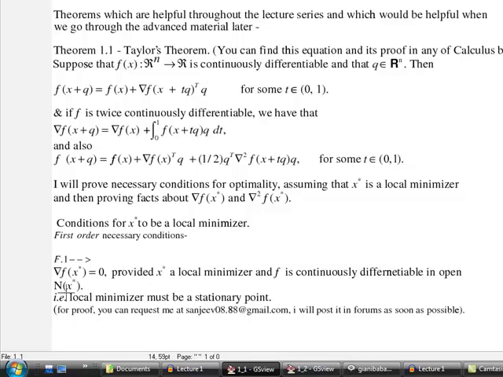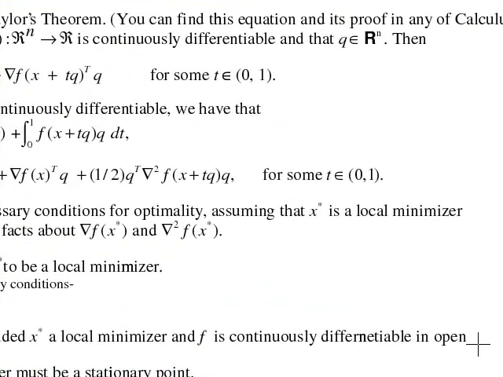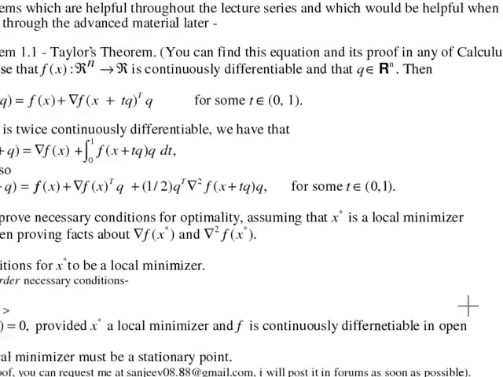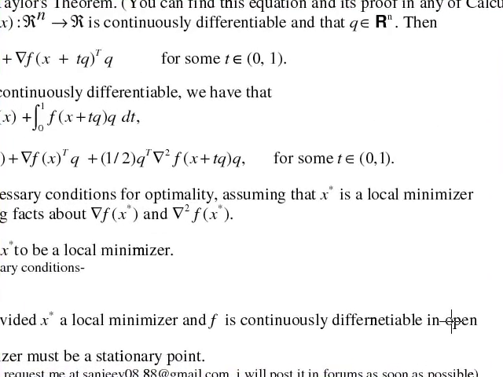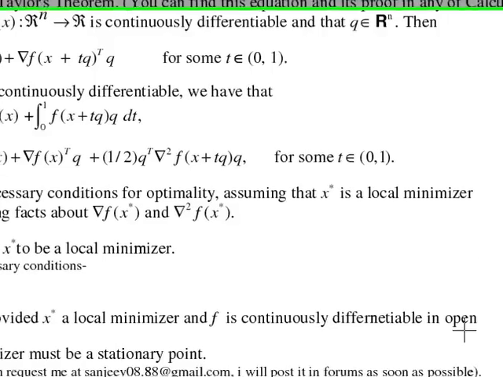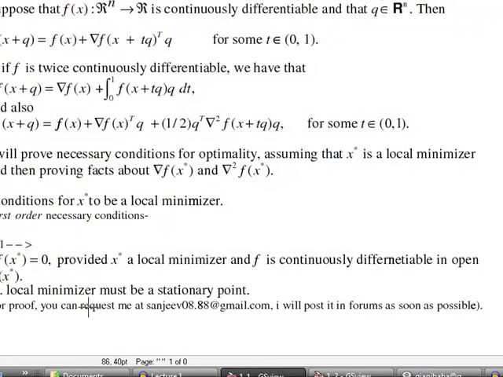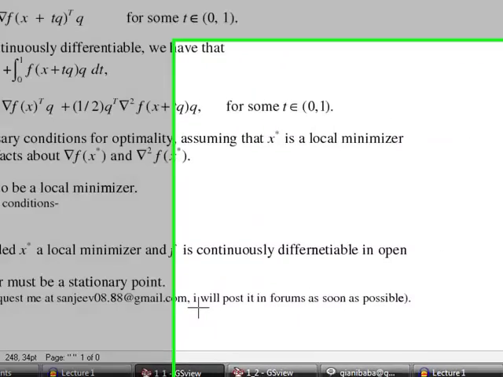Please note that I will use the notation N for the open neighborhood of x star, where x star is our local minimizer. In short, a local minimizer must be a stationary point. As I said, you can request the proof if you are not able to prove it, but I want you to prove it yourself.